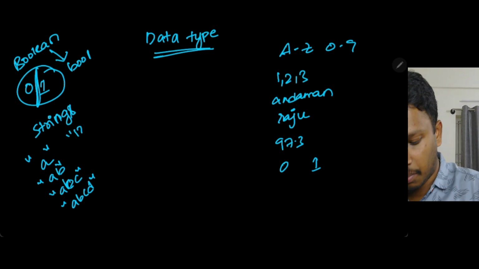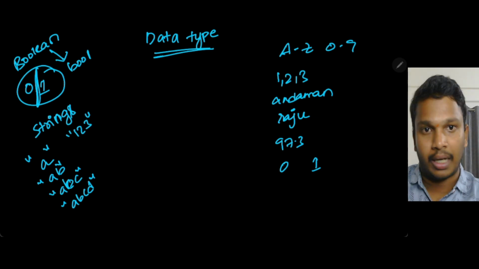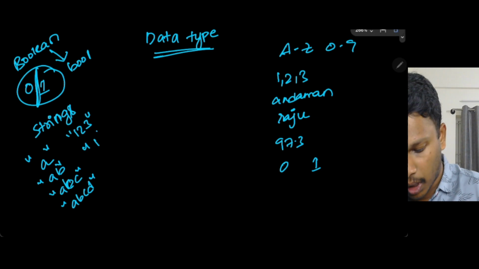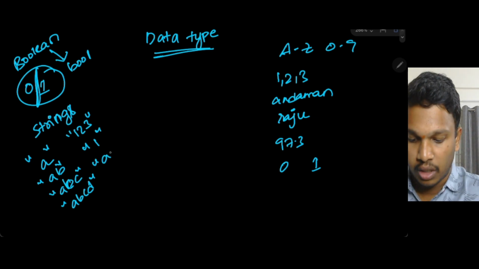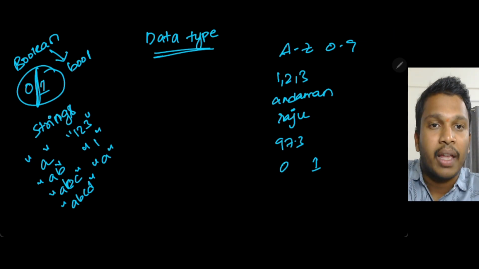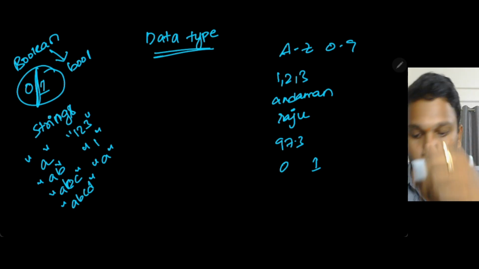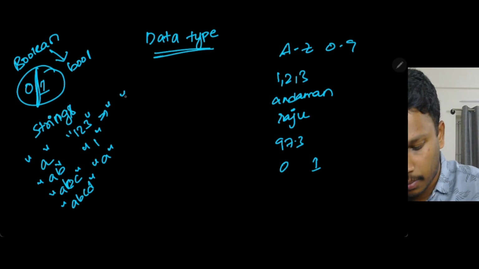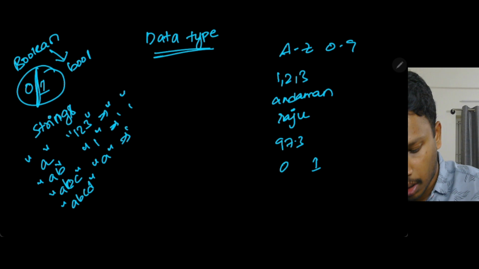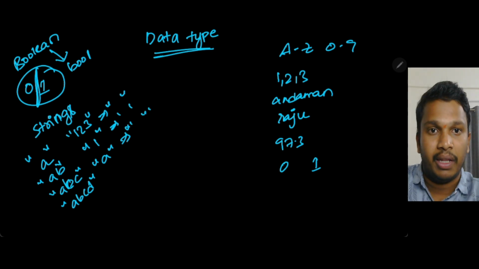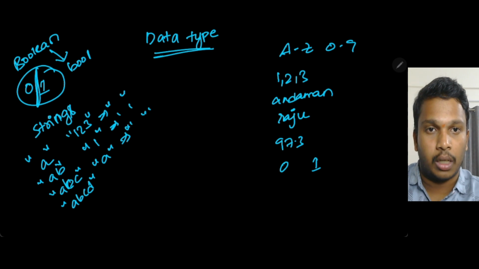For example, if you write 1 2 3 in double quotes, that is also a string. Double quotes 1 is also a string, double quotes A is also a string. Everything present in double quotes, single quotes, or triple quotes is a string.